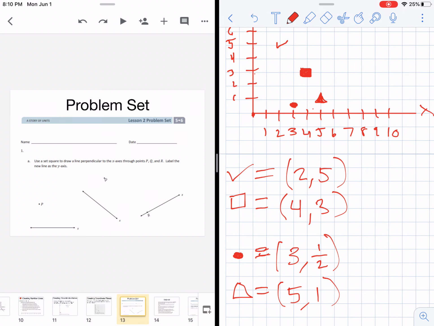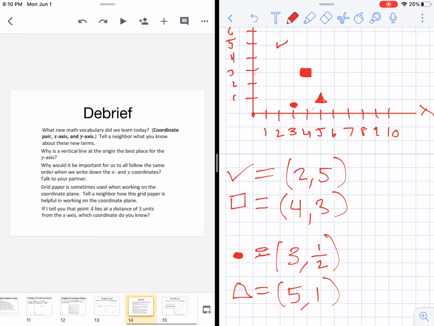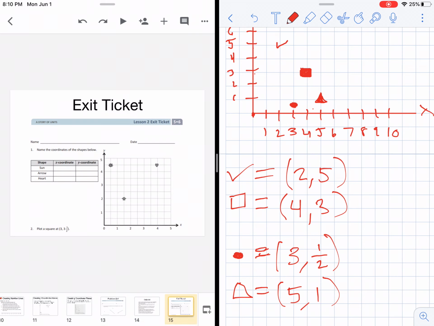Okay? So what you're going to do is, if you need more practice, work in your problem set to draw lines perpendicular to the x-axis through the points of P and Q. Label that the y-axis. That'll help you a little bit. And then your full exit ticket here is what we just did, okay?